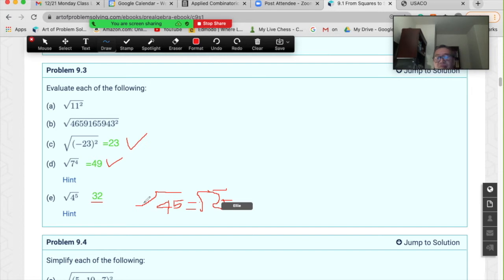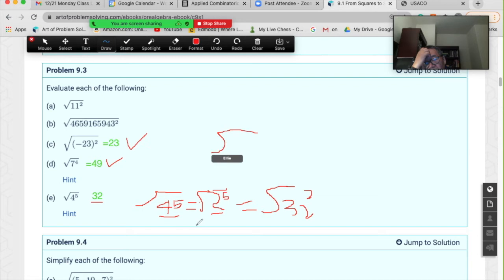My mouse is super bad, so I can't really write anything. 5, which equals 32. Wait, no. How does this one equal this? Well, first you have to do. I'll just write it in a separate area, since I already wrote something.